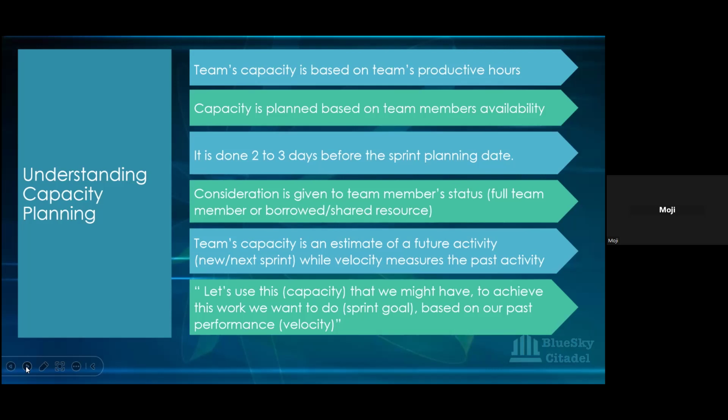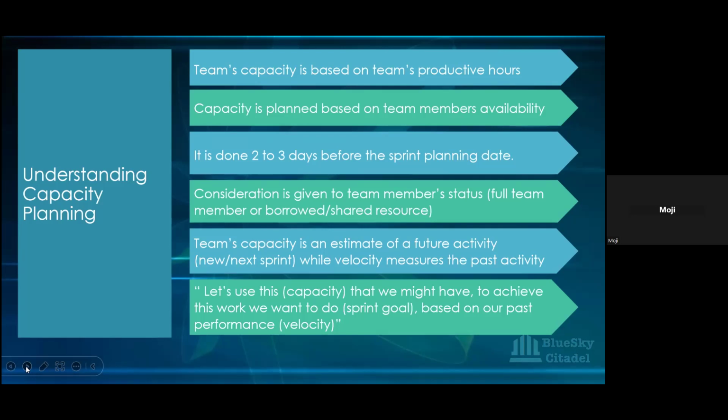They are productive in their own sense, yeah, but they are not productive in actually coding and doing what they need to do. So that's one of the things we need to know: when you calculate the team's capacity, you're calculating the time they're actually using doing the coding, doing the testing. Those are what is referred to as productive hours.